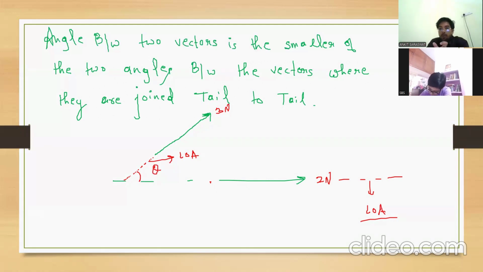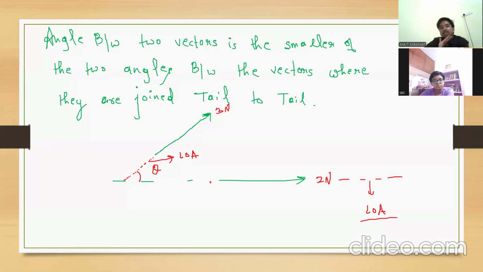Because I already said, we can do the parallel shifting. Parallel shifting of a vector is possible. So if you find these vectors are not intersecting, you just do the parallel shifting. Clear? So make sure this theta must lie between 0 to 180.